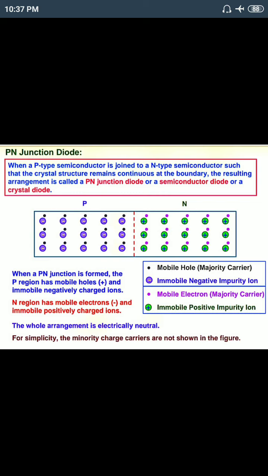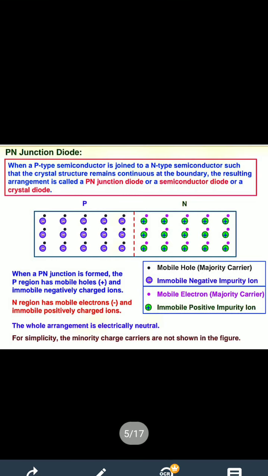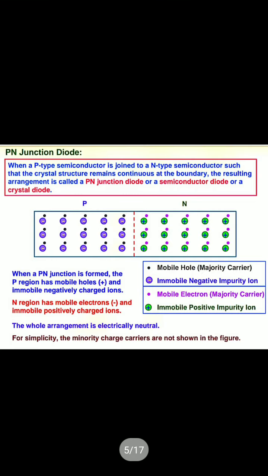That means if we consider the third one, these immobile charges create one layer, because near the junction in the p side negative immobile charges are depleted, and near the junction in the n side positive immobile charges are depleted. So these immobile charges create one layer that is called the depletion layer.